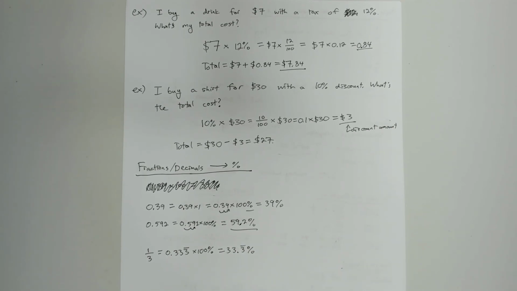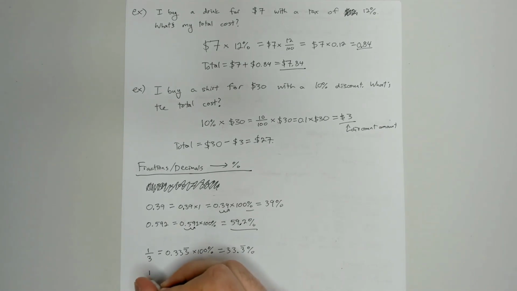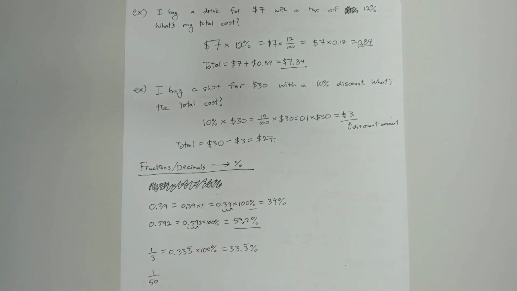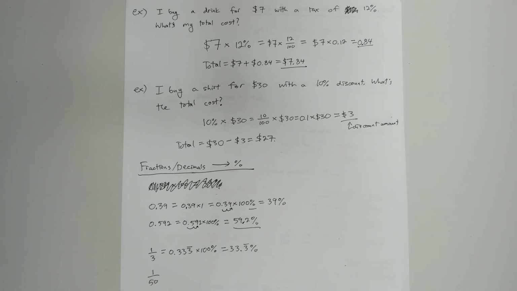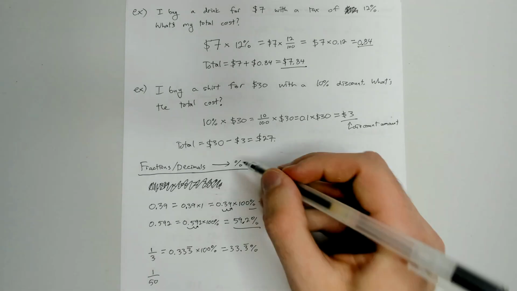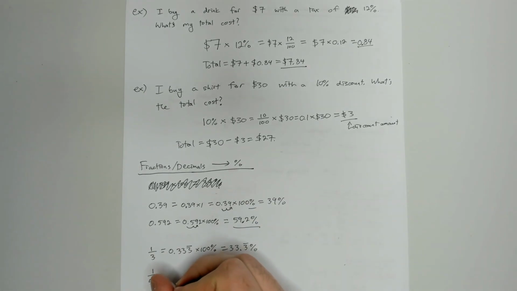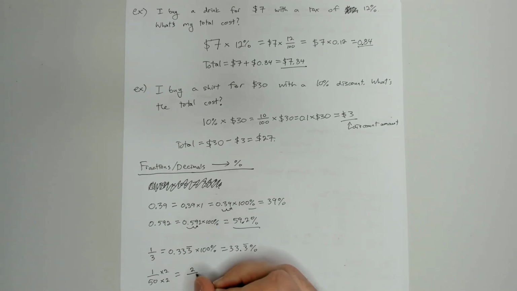Now, there might be some things where it's also easy to just use the fractions. For example, if I have 1 over 50 as the fraction I'm starting with, this is something I can relatively easily put into an equivalent fraction out of 100, which is what we need for a percent, right? So if I multiply the numerator and denominator by 2 each, I'm going to get 2 out of 100, right?